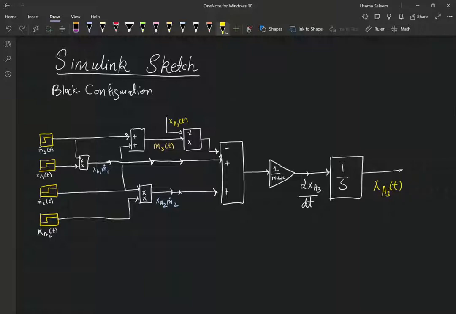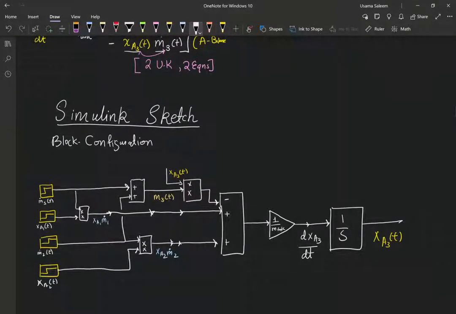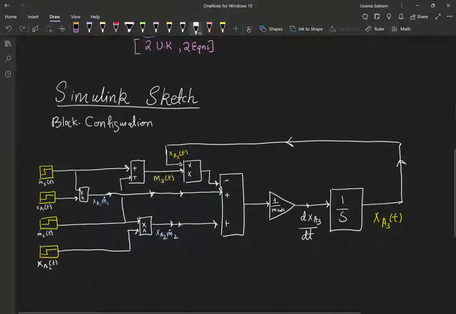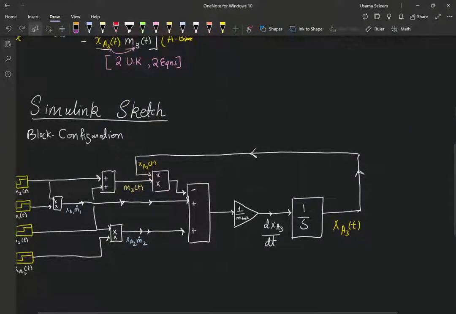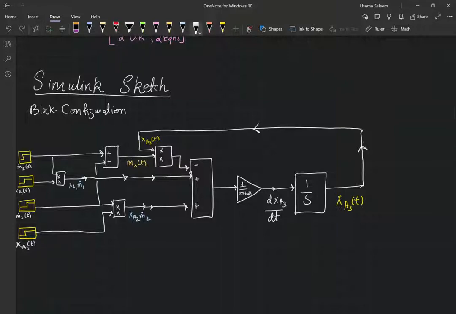And boom, as you can see, we can loop this back. There we go. How nice. And obviously we want to visualize the output concentration, so we're going to send the output to a scope. That's my sketch of the scope.